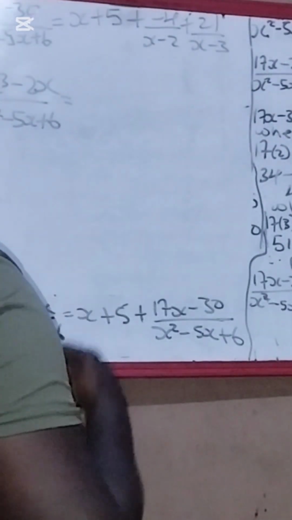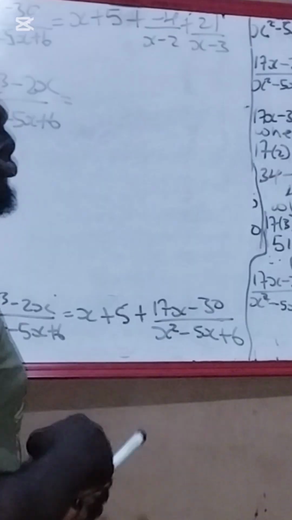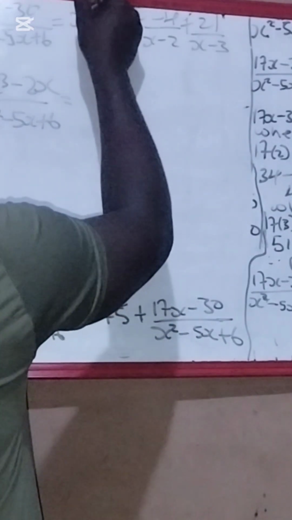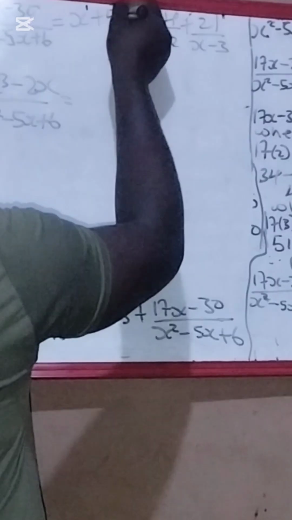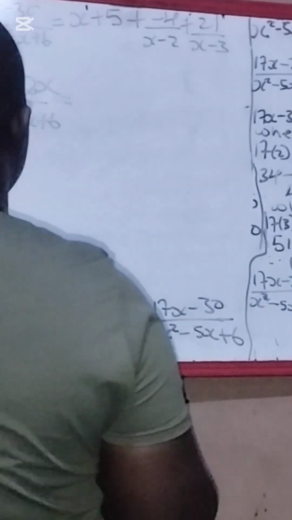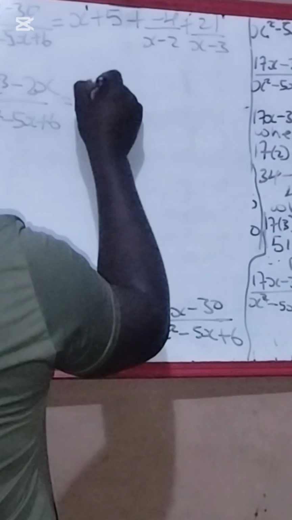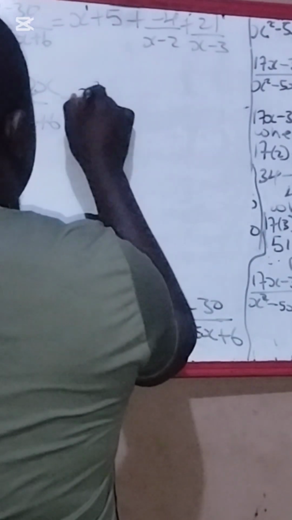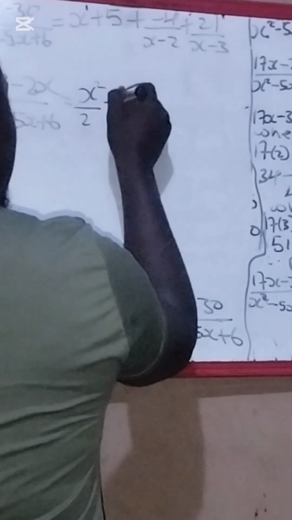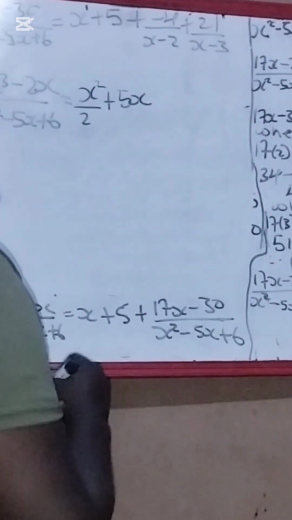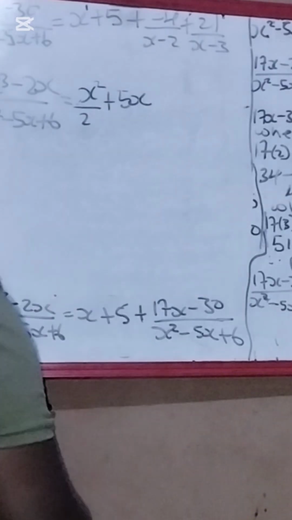When we integrate, remember integrating is summing up. There's an invisible 1 on top, so 1 plus 1 is 2. Integrating this gives x squared over 2, plus, since we integrate a constant, we add x.